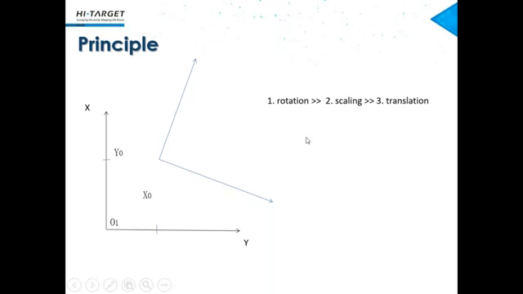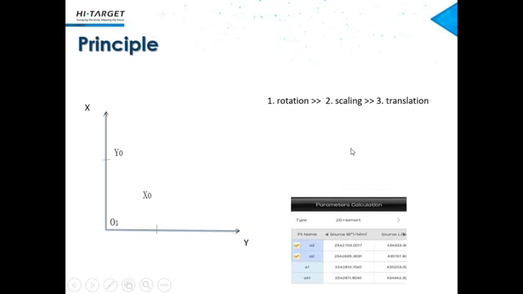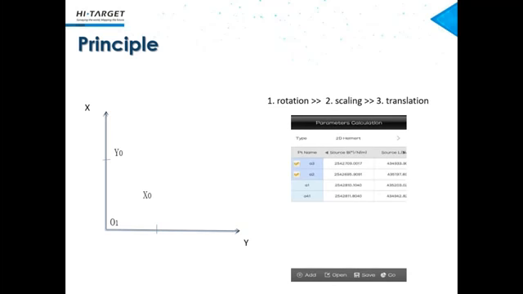First is rotation, second, scaling, third, translation, and it should move in two directions. In HighSurv, you need two node points, two control points, to calculate the parameters.